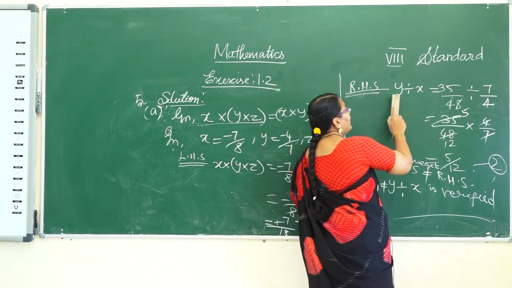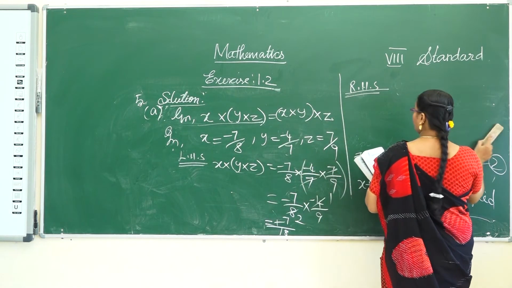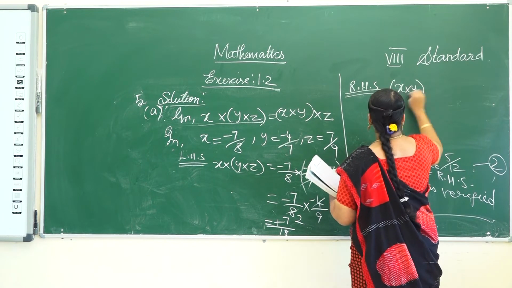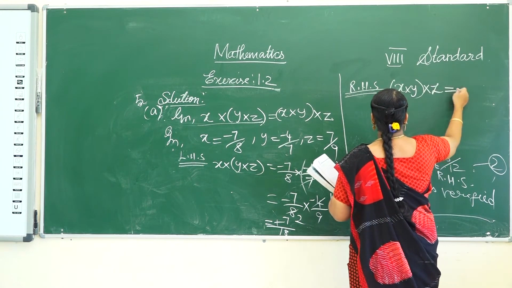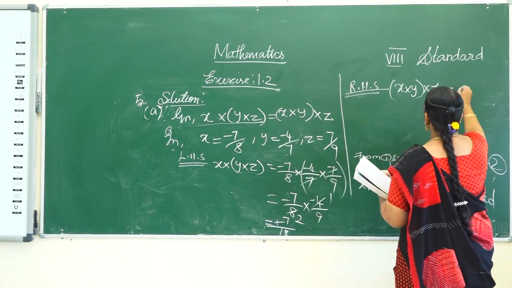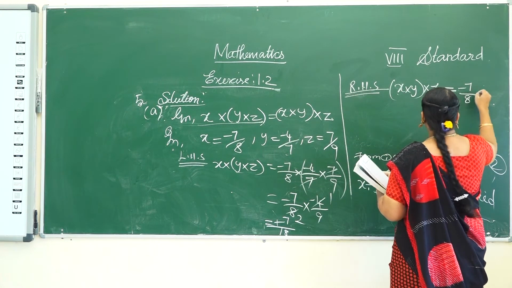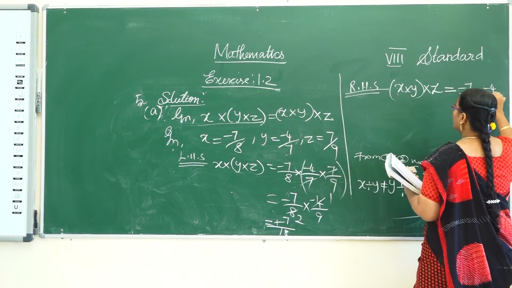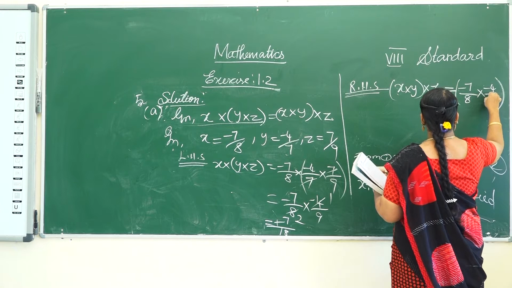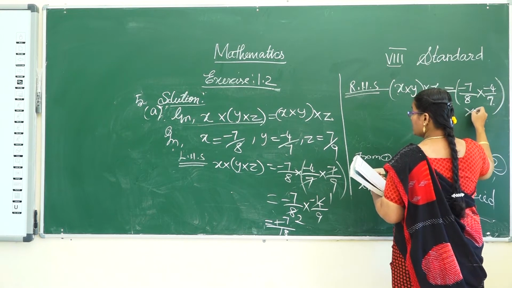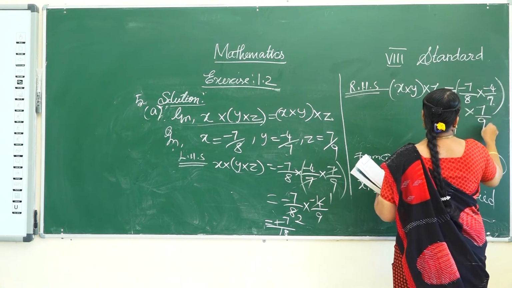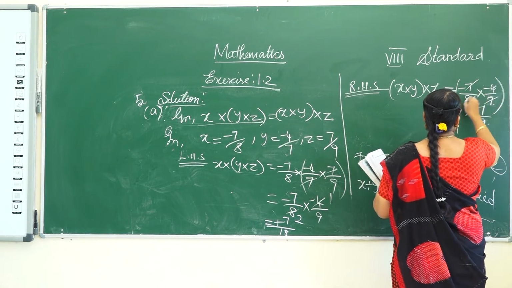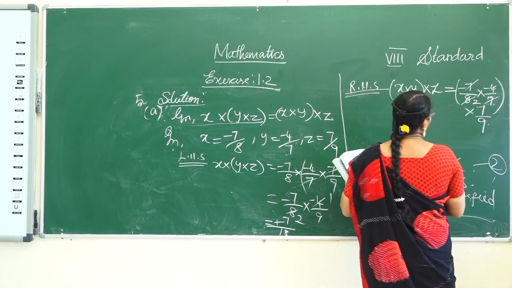Now consider the right hand side: x into y into z is equal to x value minus 7 by 8 and y value minus 4 by 7, into z value 7 by 9. So 7 will be cancelled. 4 table, 4 ones are 4, 4 twos are 8.